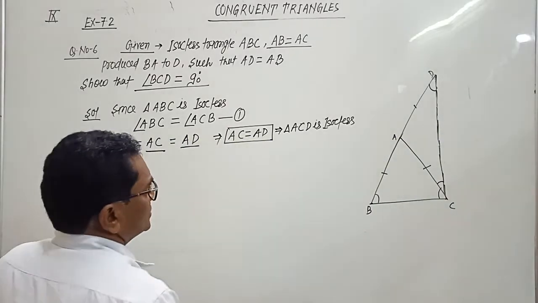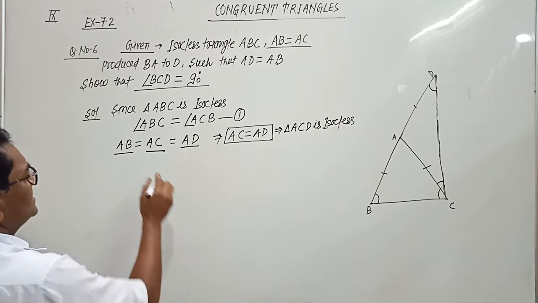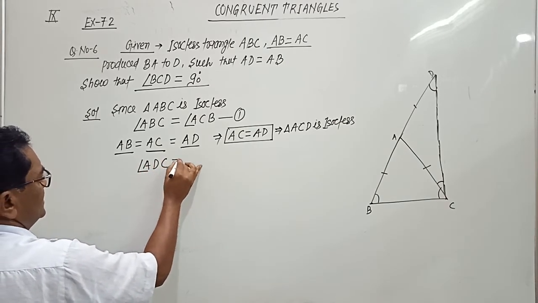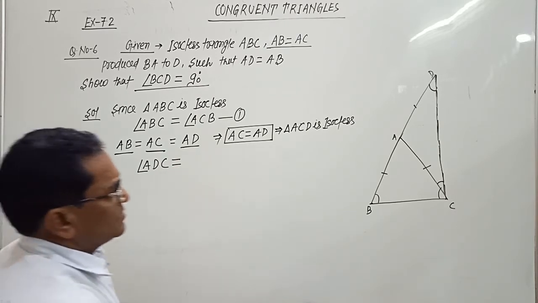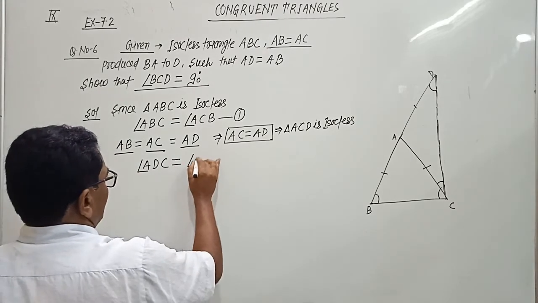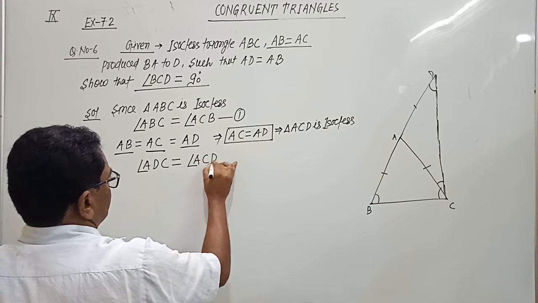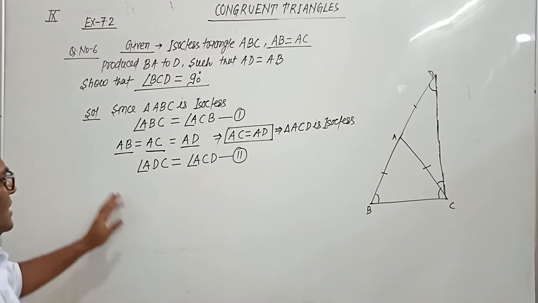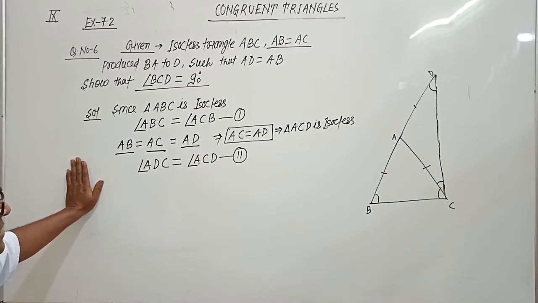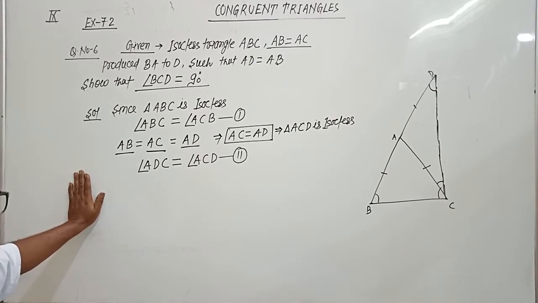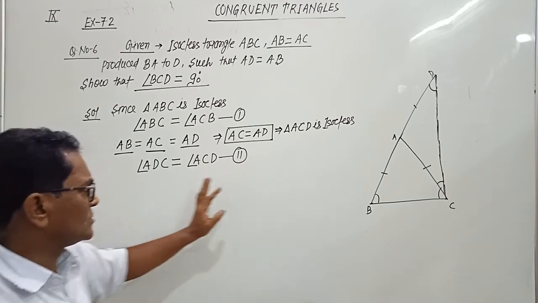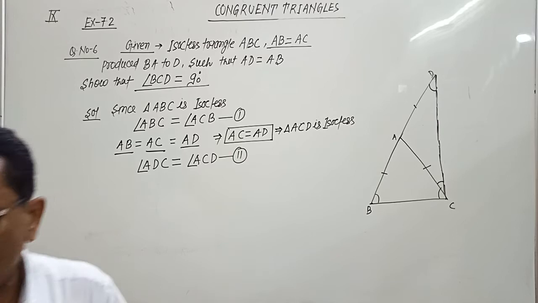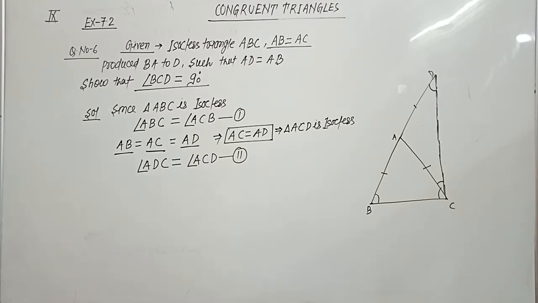So we can write that angle ADC is equal to angle ACD, because triangle ACD is isosceles. Therefore, base angle ADC is equal to angle ACD.